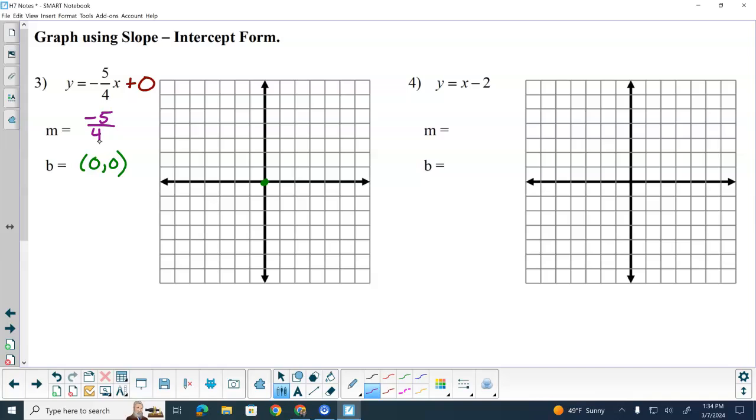Down? Down what? Down 5? Right? That's 1 direction. Next? Left or right? Right? Point to the right. Okay. Very good. Down 5, right 4. You can put a nice dot there.